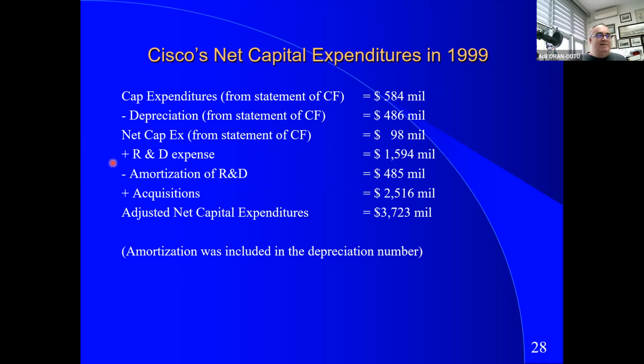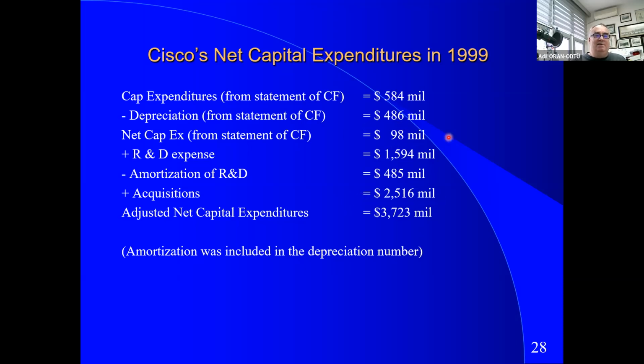So this R&D and acquisitions, when you add those in, notice how much bigger the actual net capex is. So Cisco is growing not by investing in fixed assets and in working capital. It's growing by spending money on research and development and spending money to purchase other companies.